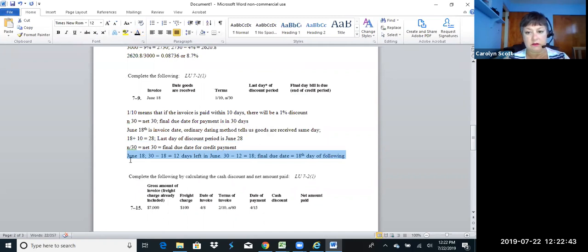And to find the final day the bill is due, so June 18th, we know there are 30 days in June, and you can use any of the methods in the book. I just always remembered the poem, 30 days hath September, April, June, and November. So 30 days in June minus 18 that have already elapsed means that we have 12 days left in June.